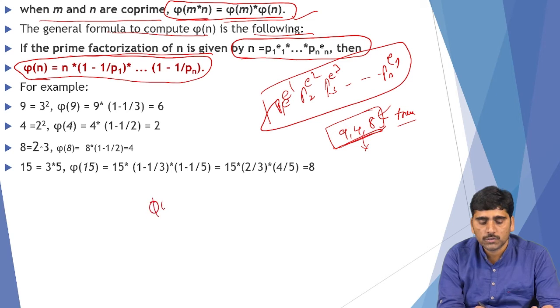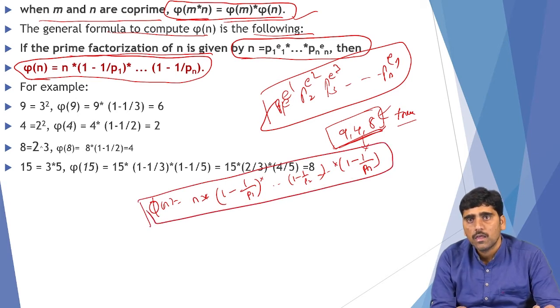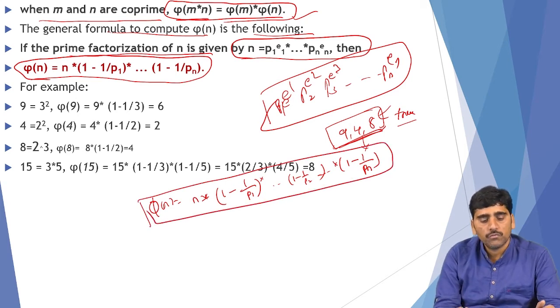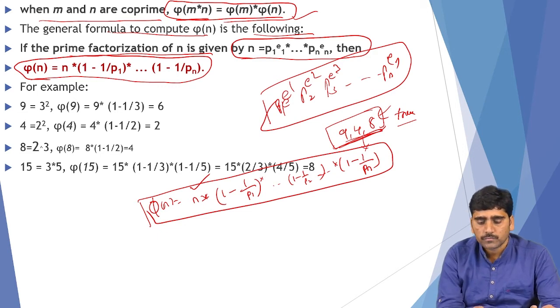Phi of n equals n into 1 minus 1 by p1, into 1 minus 1 by p2, up to 1 minus 1 by pk. We have to find this out, right? For these values the composite number formula is not holding true, so that's why we are going to find these values with the help of this formula.